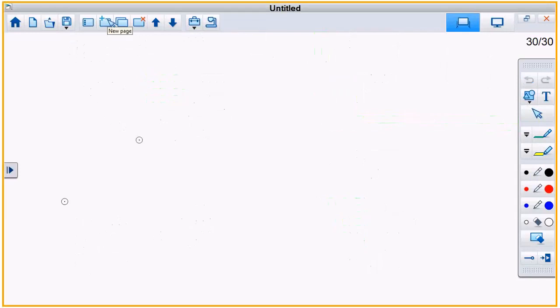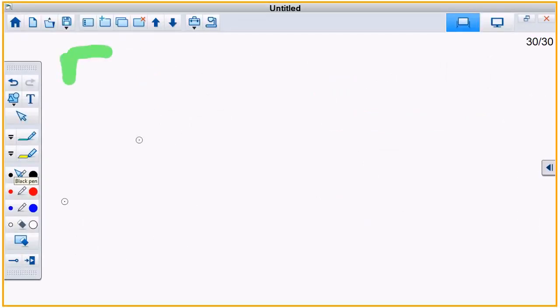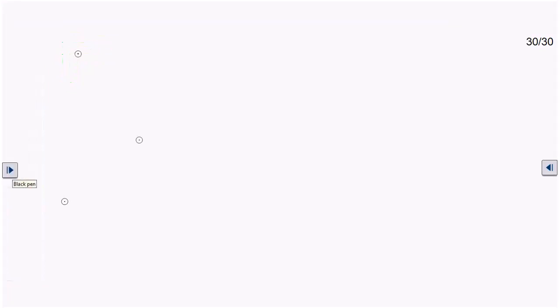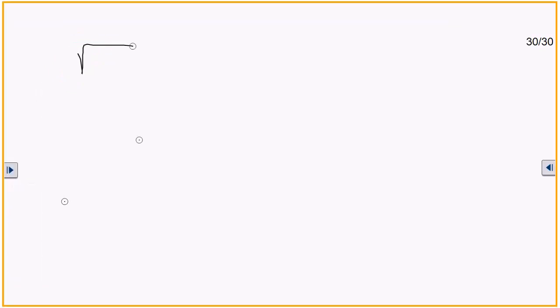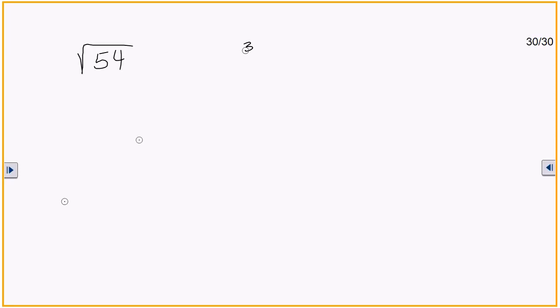Let's do the square root, oops, I'm sorry. Let's do the square root of 54. And the cube root of 48.